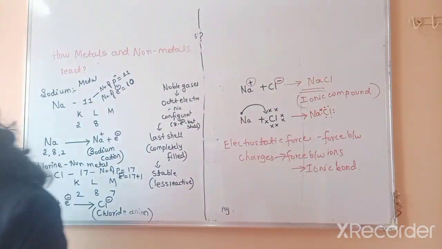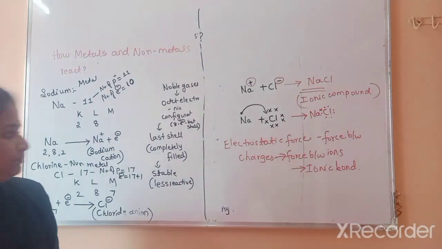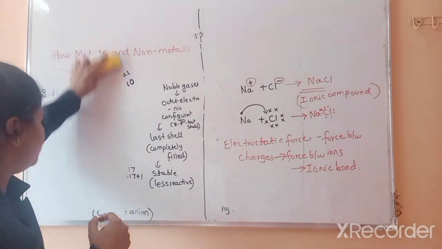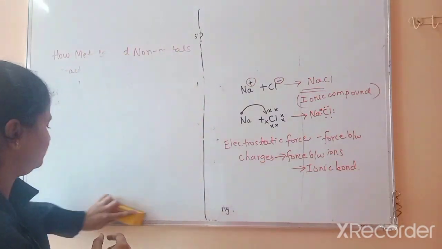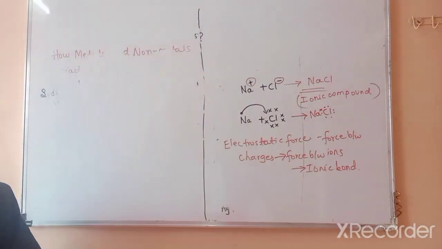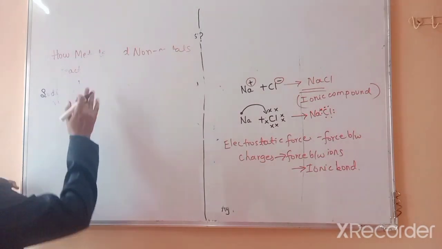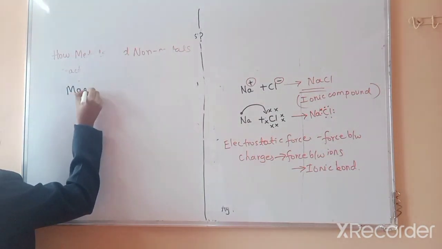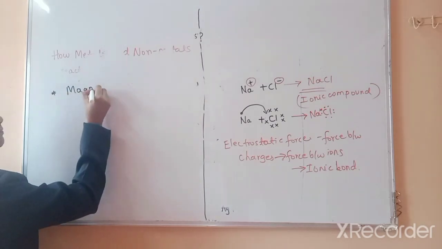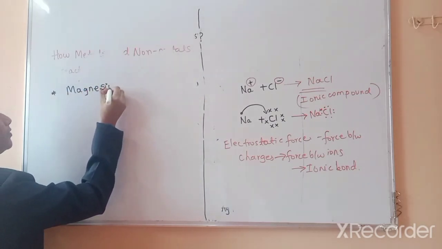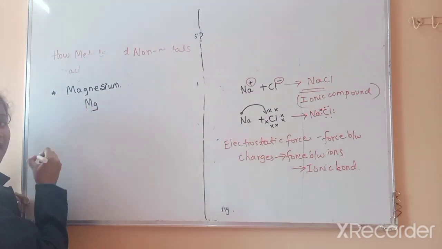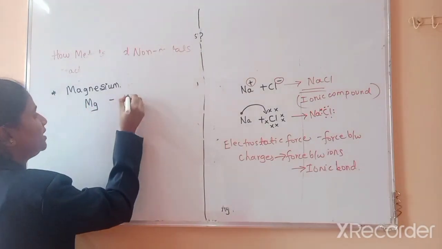Okay. So let us take one more example here. Let me take magnesium. The symbol of magnesium is Mg and its atomic number is 12.